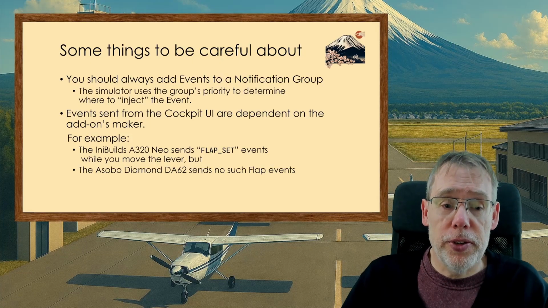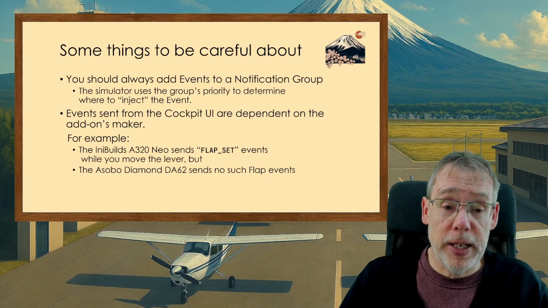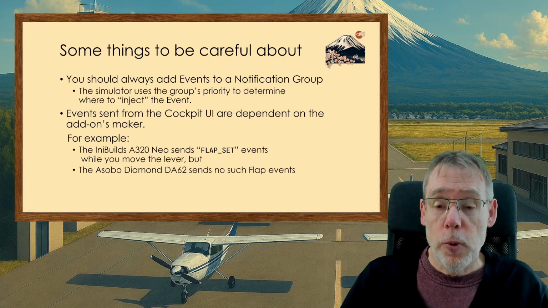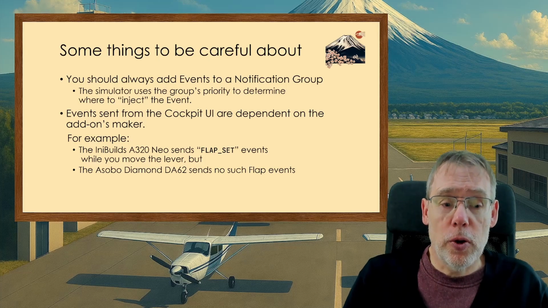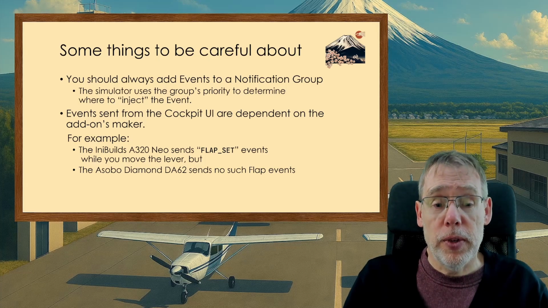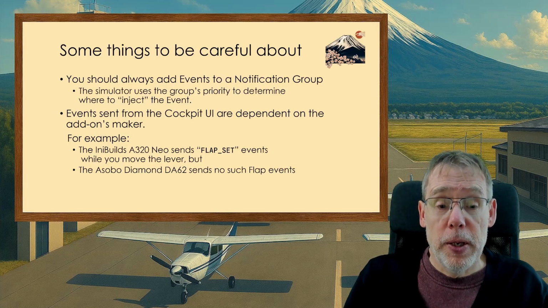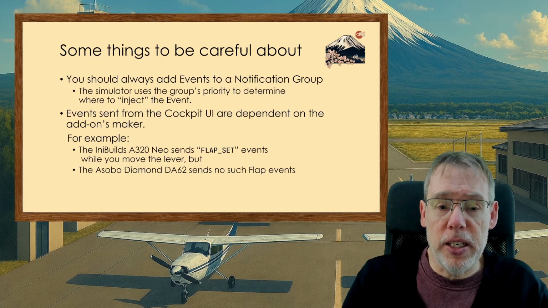The Inibuilds A320, I tested that. It sends flap set events while you're moving the handle in the cockpit. But the DA62 that we just saw, we could move that button in the cockpit, but we didn't receive any events.